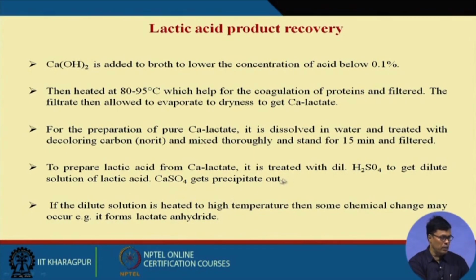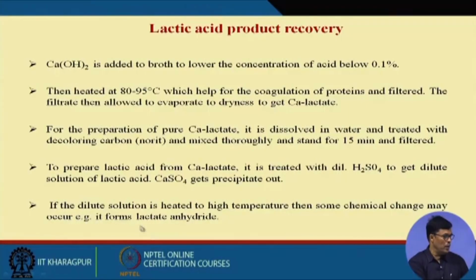Like in the case of citric acid, where we hydrolyze the calcium citrate with H2SO4, we separate the calcium sulphate in the gypsum filter. This calcium sulphate with H2O is called gypsum, which is a very good raw material for the cement industry.